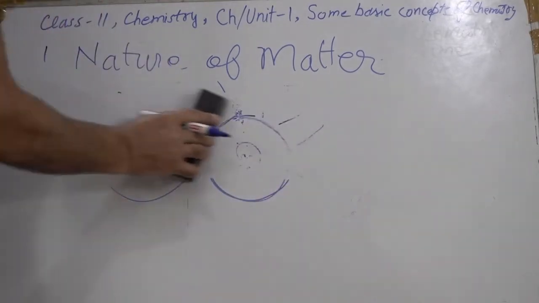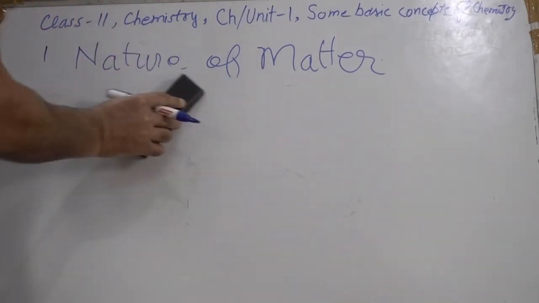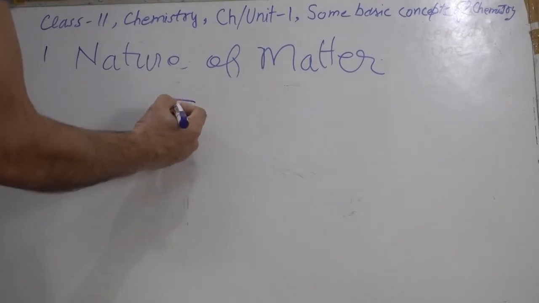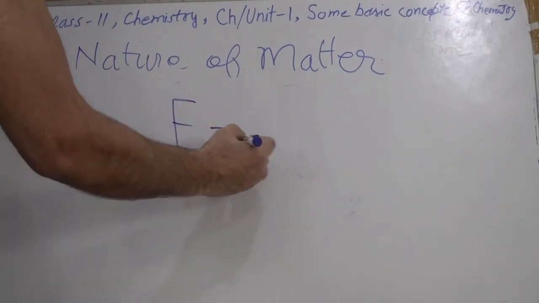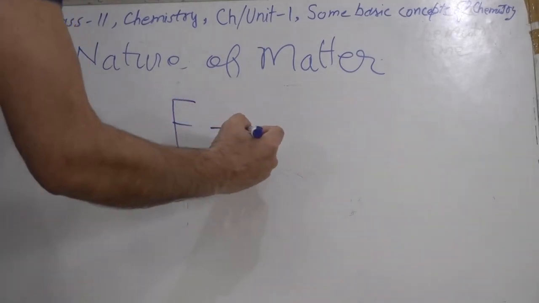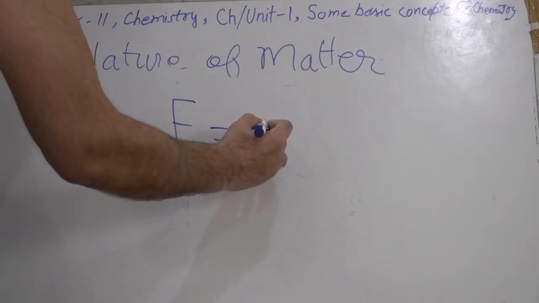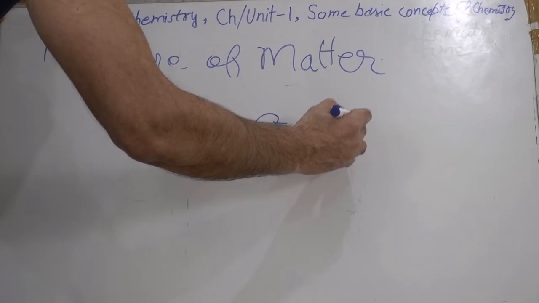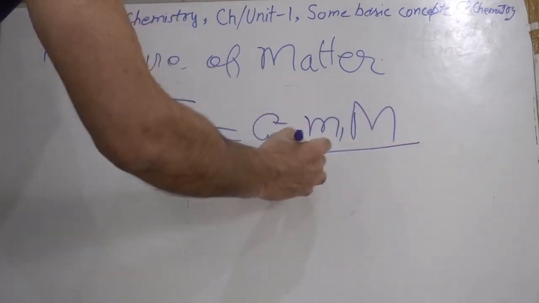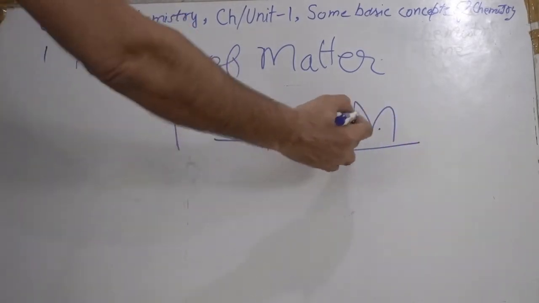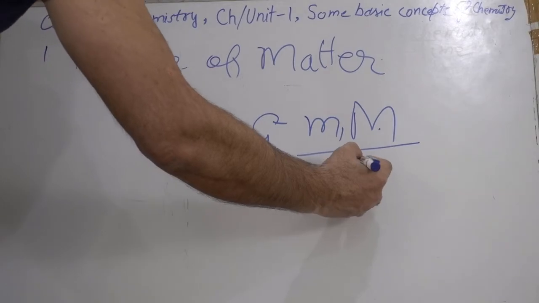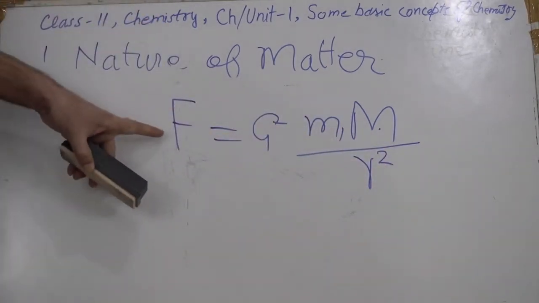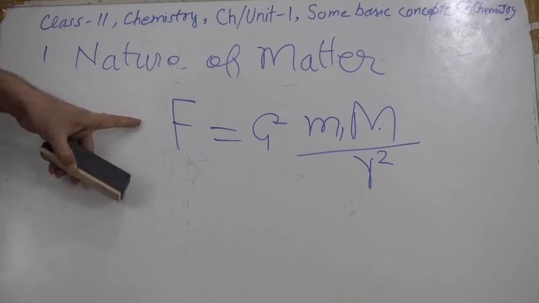Here comes Newton's another law, the law of universal gravitation. This is the force of attraction due to gravitation. This is the universal constant. Here capital M stands for the planet or the earth, and this F is the weight.